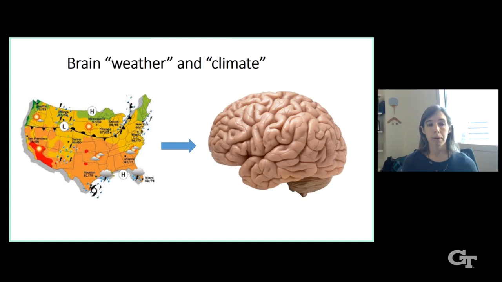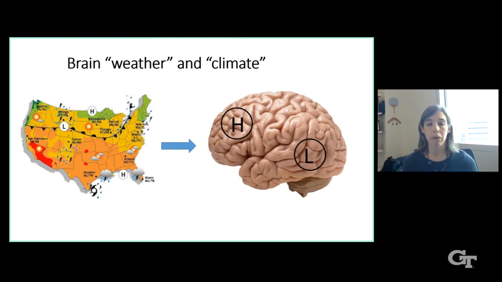And so that's what we want to be able to do with the brain, to be able to define the weather or the climate of the brain and how that influences what's going on at the more local level. So we might talk about high pressure areas or low pressure areas for weather.